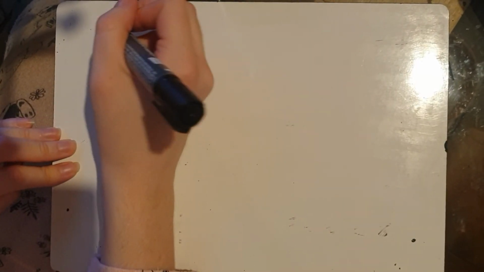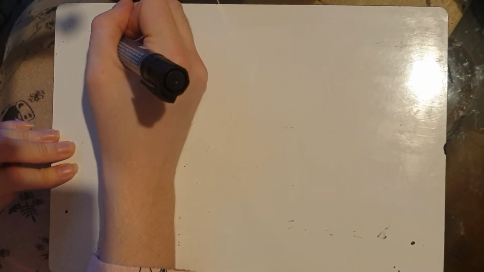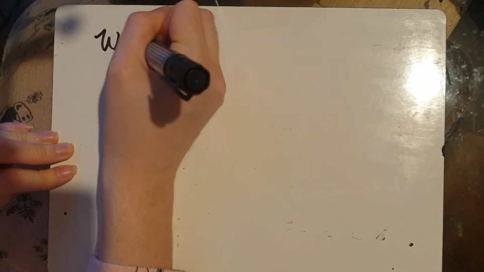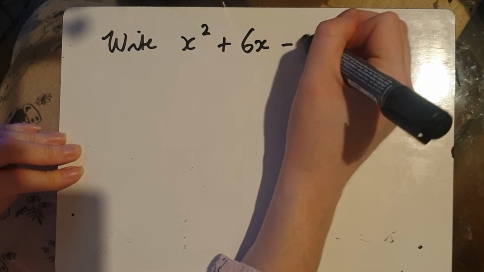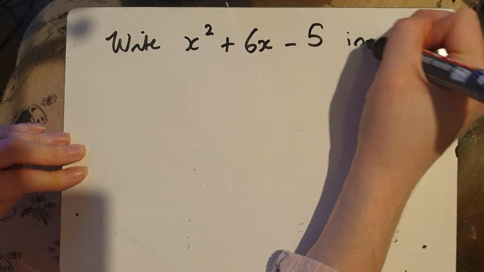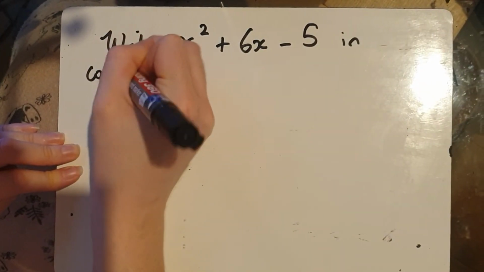Okay, so example. We are going to write x squared plus 6x minus 5 in completed square form.